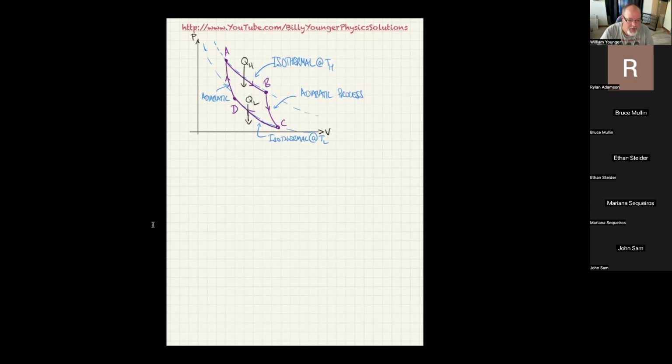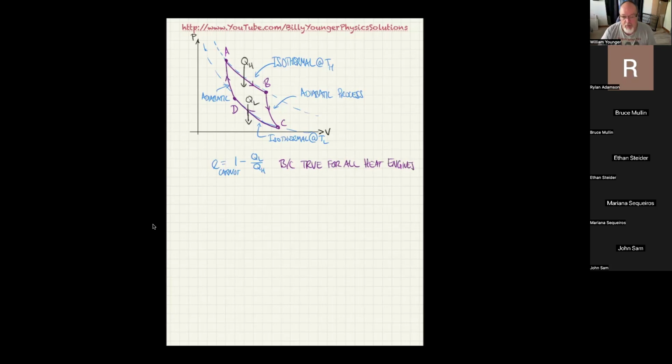Okay, now we know that the efficiency E for the Carnot engine is equal to 1 minus QL over QH, because that's true for all heat engines. Okay.